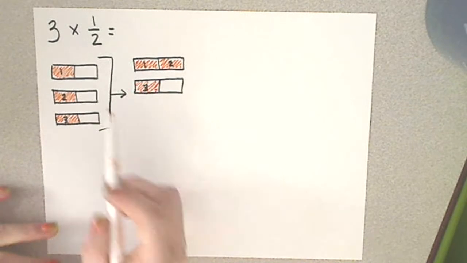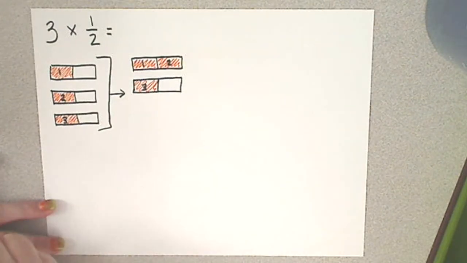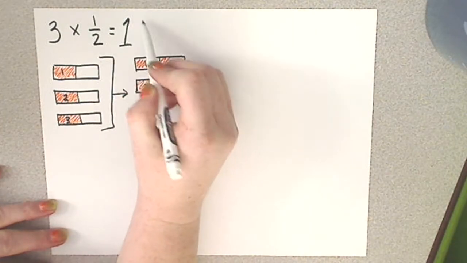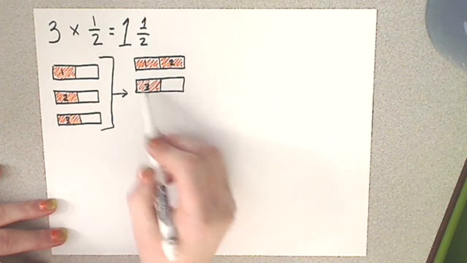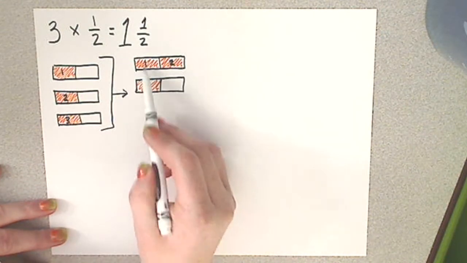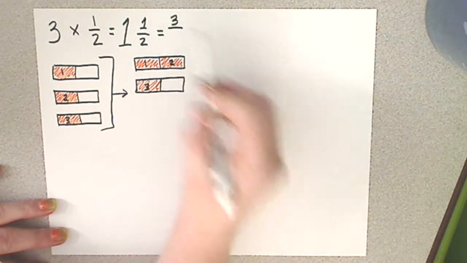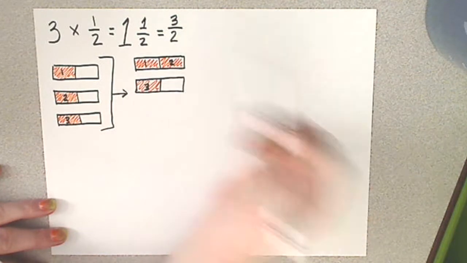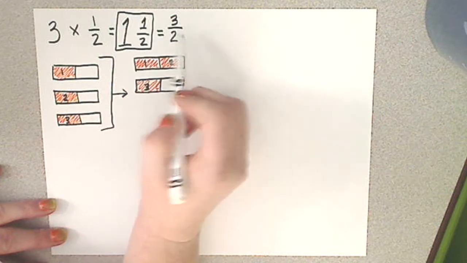So based on what we see in front of us, I have 1 whole and 1/2. This can also be written as 3 shaded out of 2 in each model. So you have the mixed number and the improper fraction.